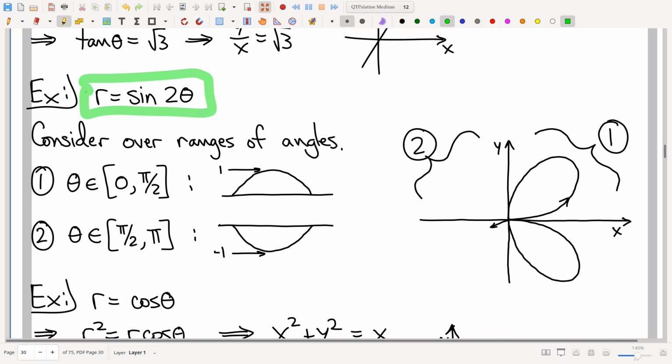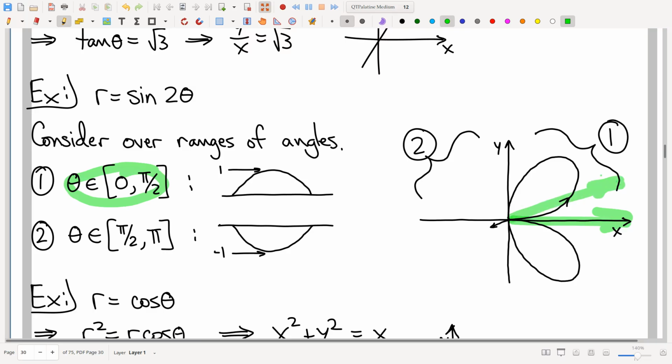But you can still kind of point plot. So rather than pick one angle at a time, I'm going to do a range of angles at a time. So we're going to start off by thinking about angles like this, from 0 to pi over 2. Well, what does r do for those values of theta?